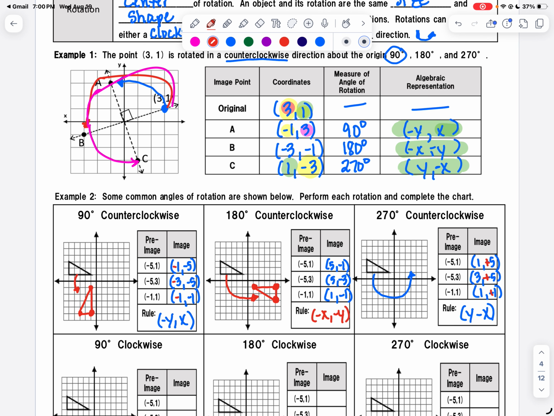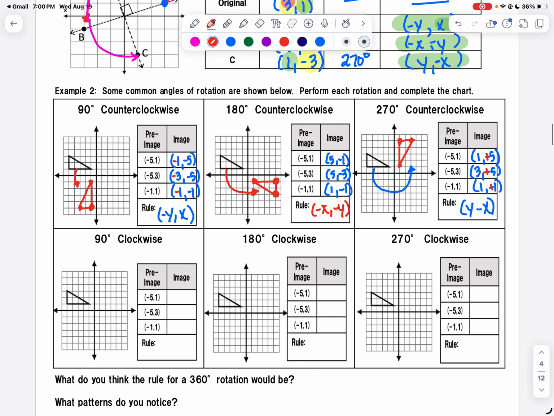So 1 comma 5, 3 comma 5, and 1 comma 1 right here. So there is our 270-degree counterclockwise rotation.